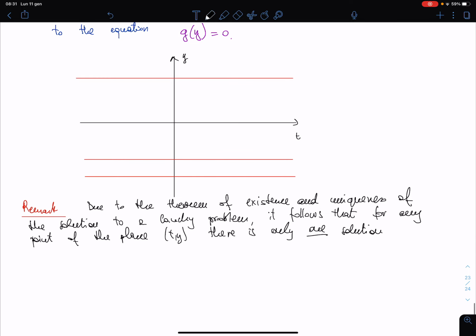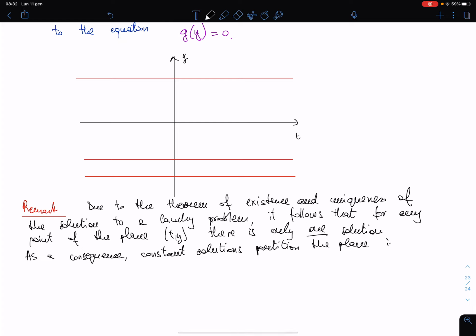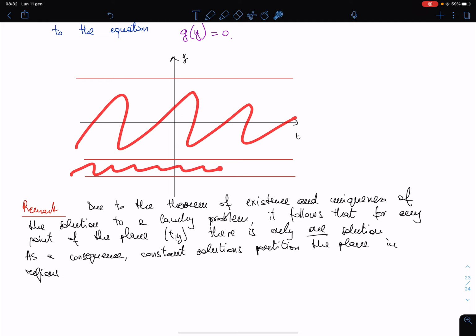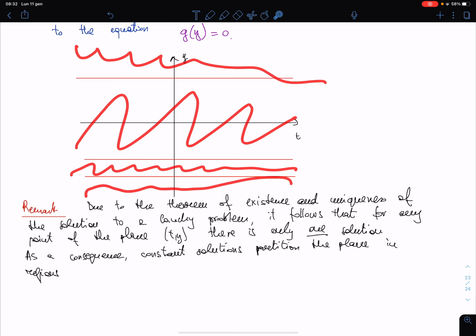As a consequence, the constant solutions partition the plane in regions. These regions are indeed horizontal stripes, like this, this, this, and this in the picture.